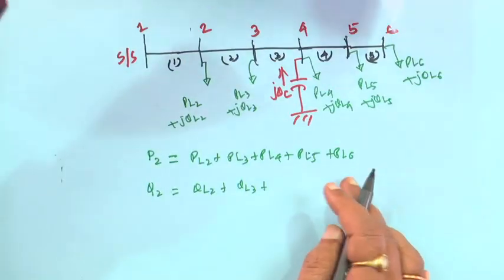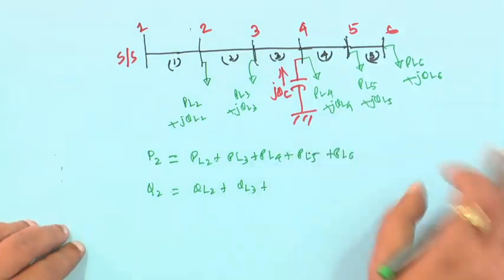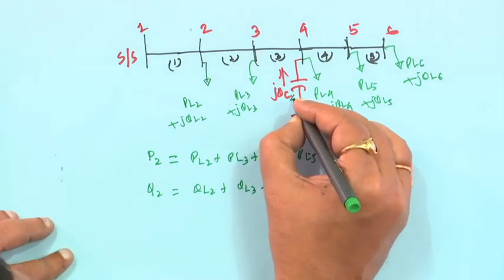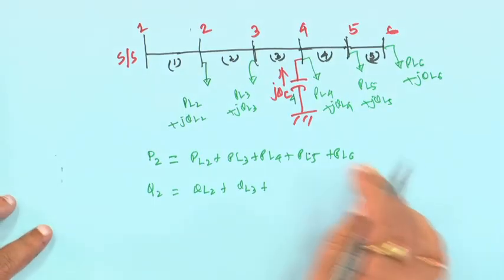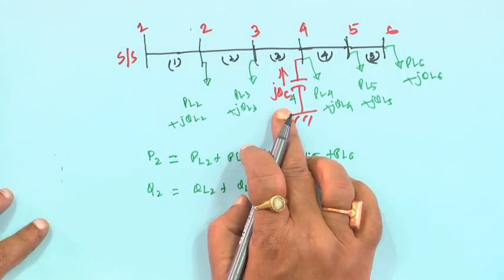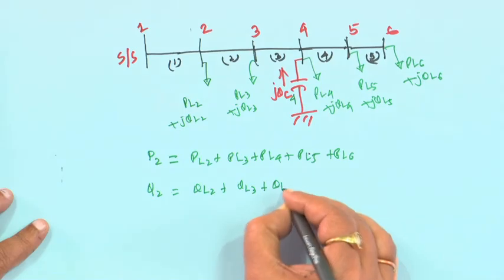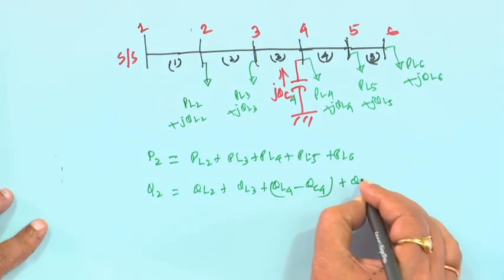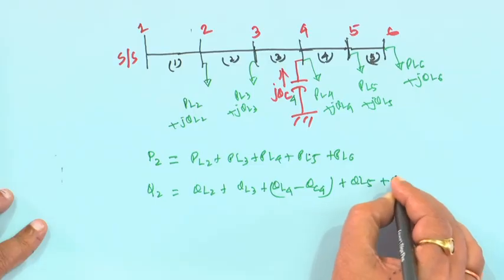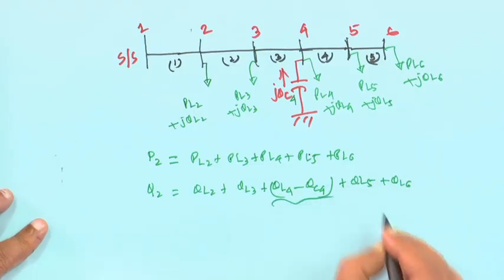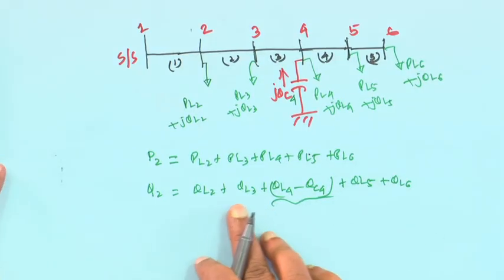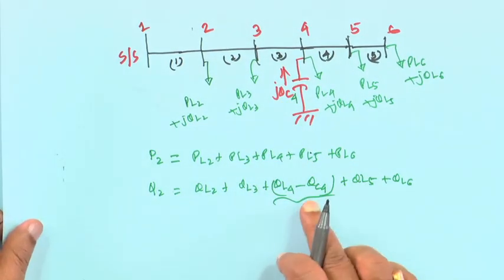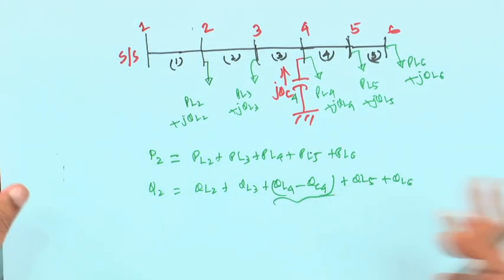So the resultant reactive load in the direction of the load at node 4 will be QL4 minus QC4, plus QL5 plus QL6. Basically all of QL2 through QL6, but QC4 is being injected.